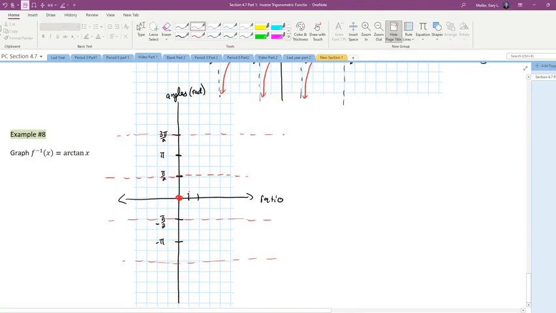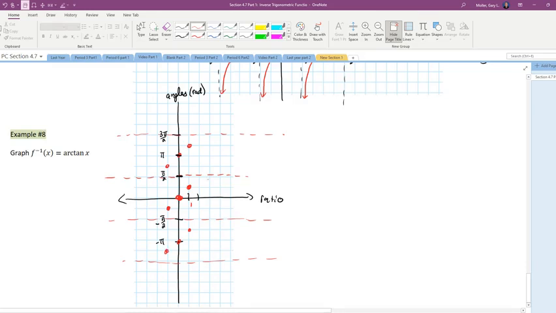We know that at pi over 4, we're at 1. So at 1, we're at pi over 4. And at negative pi over 4, we are at negative 1. So we're at negative 1, negative pi over 4. And that pattern continues in between each asymptote.